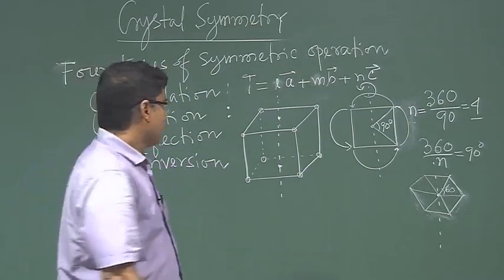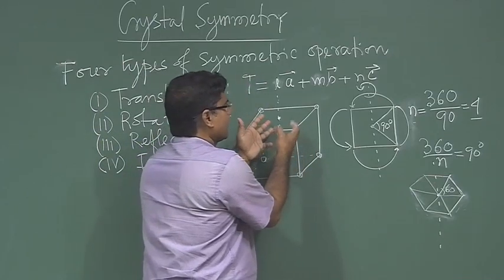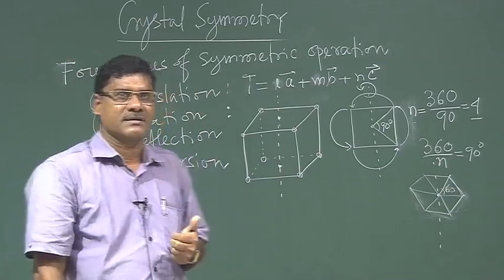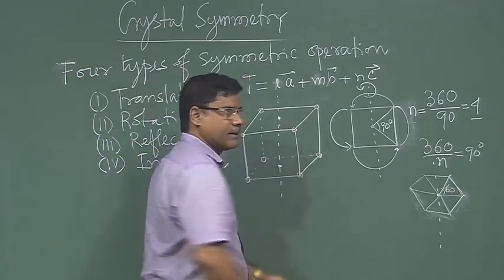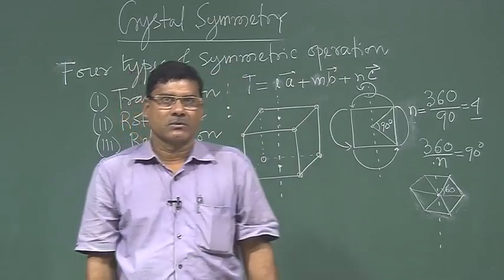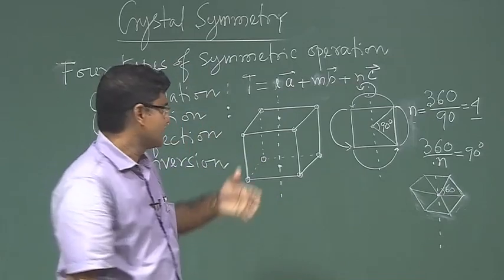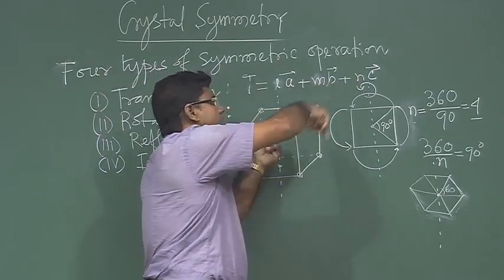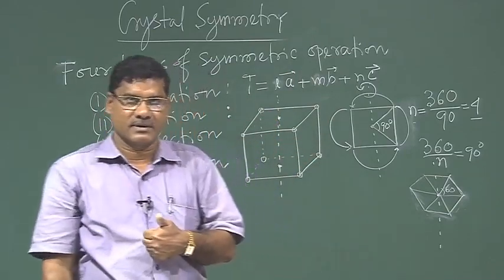Okay. So, in case of a cubic crystal, it has rotational symmetry. It has fourfold symmetry. Okay. So, the degree of symmetry depends on this. If it is just one-fold symmetry, it means after a complete 360-degree rotation, you will get symmetry.